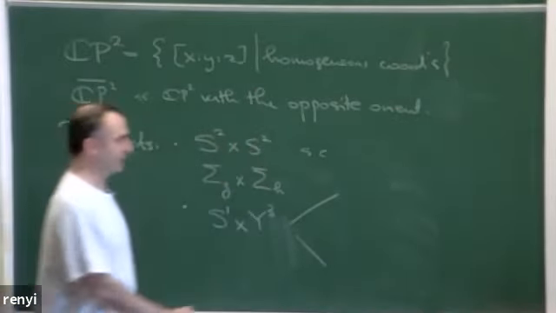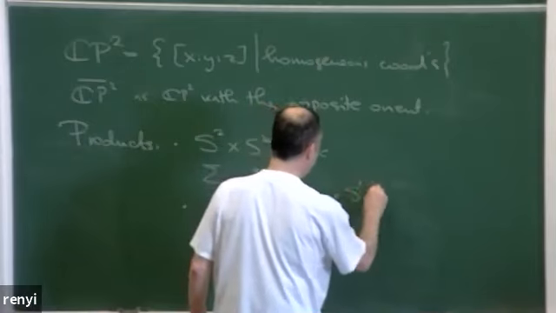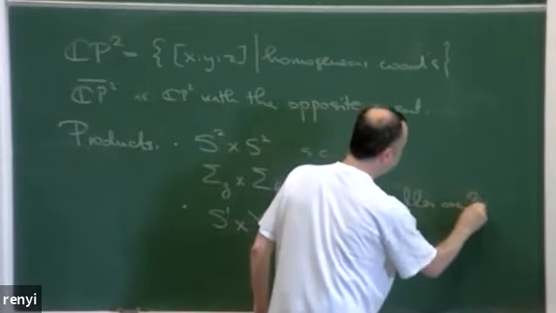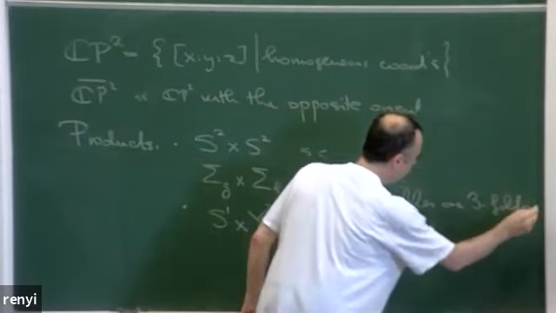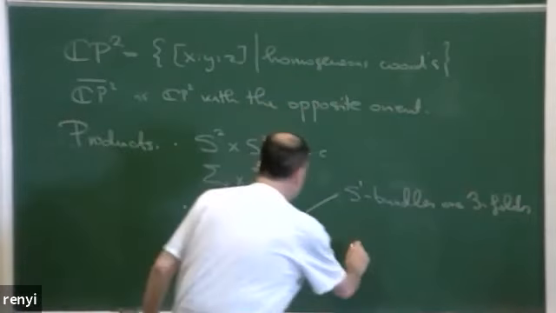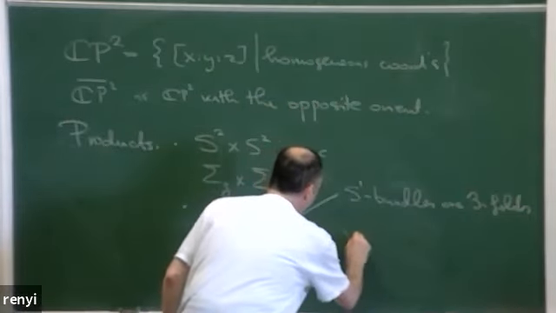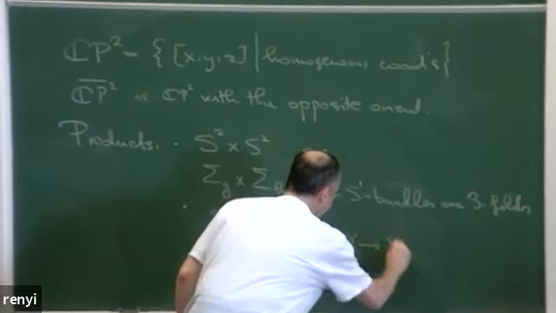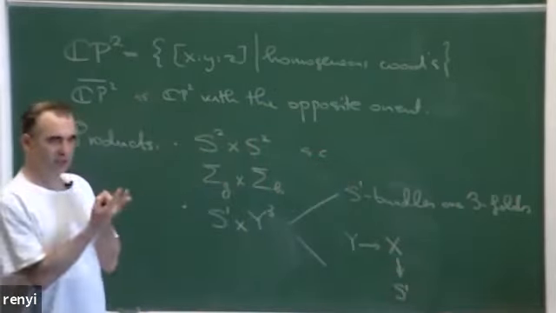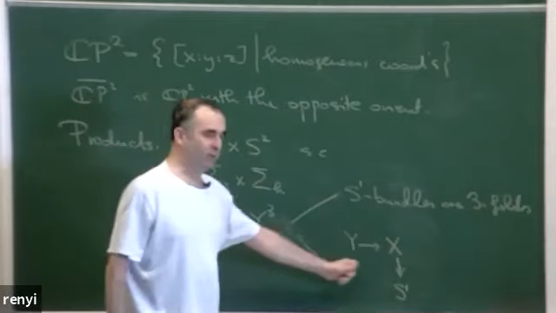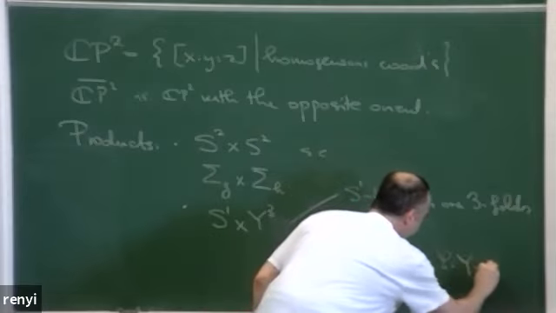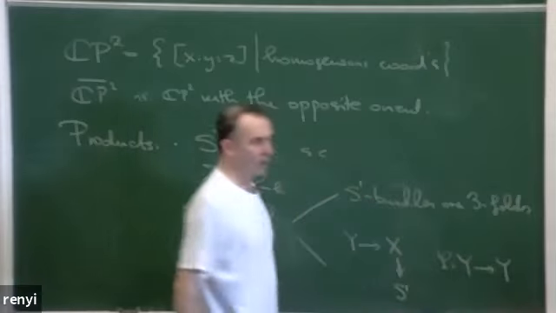We can consider S1 bundles over three-manifolds, or three-manifold bundles over S1. Such a construction can be captured by one single map, a map from Y to Y.